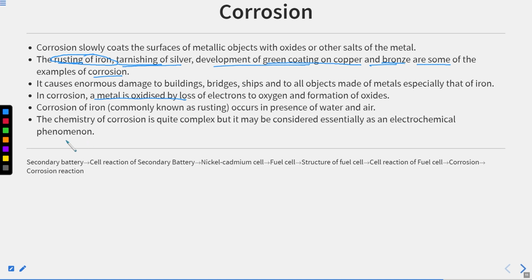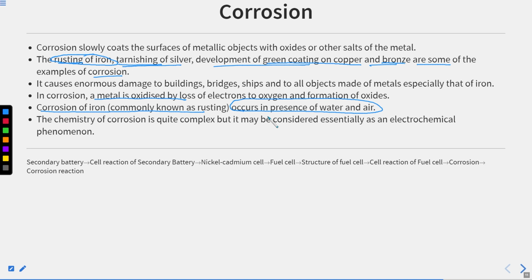Now corrosion of iron, very commonly known as rusting, occurs in the presence of water and air. I want to mention one more point: it is not always that iron will corrode only in the presence of water and air.